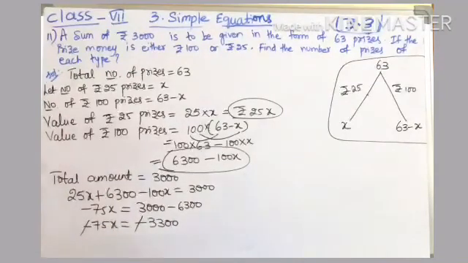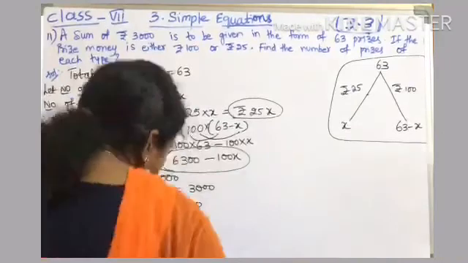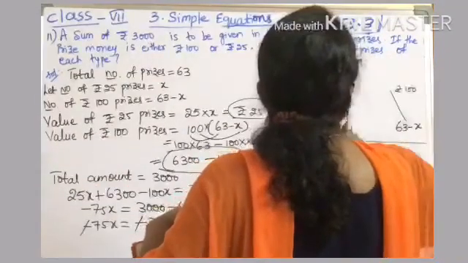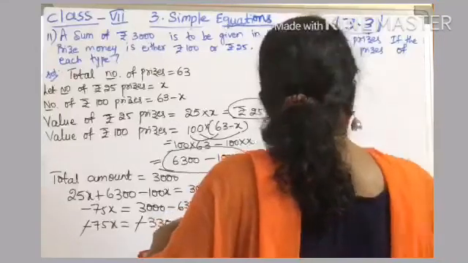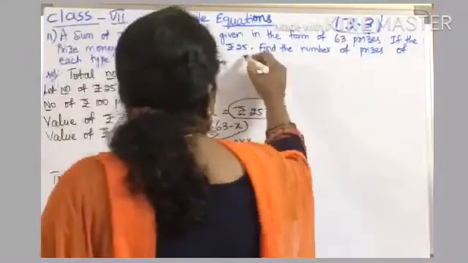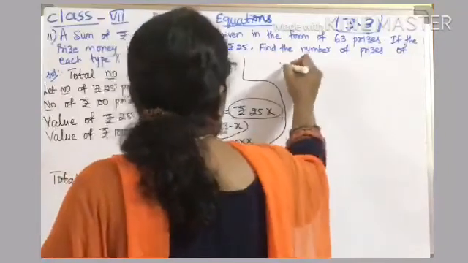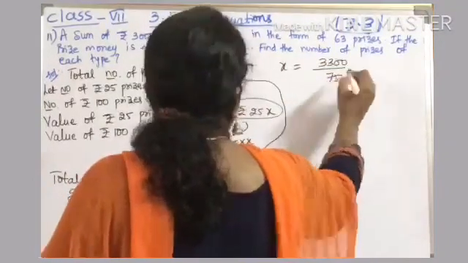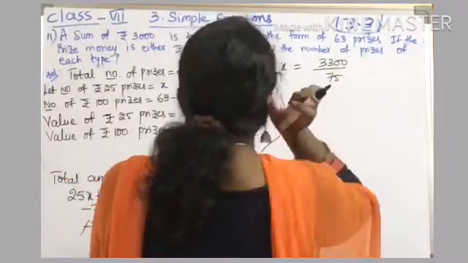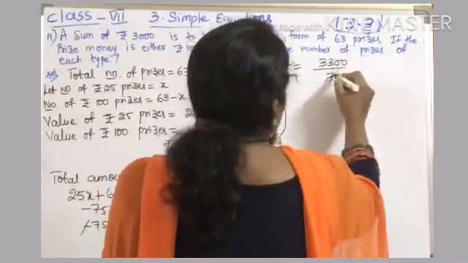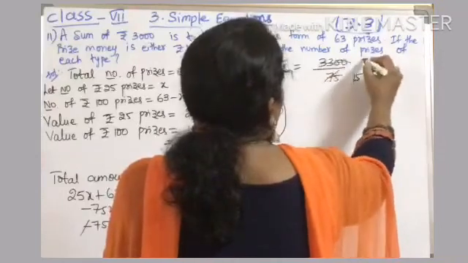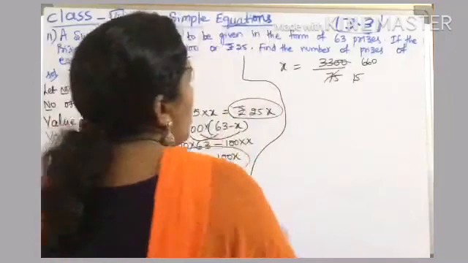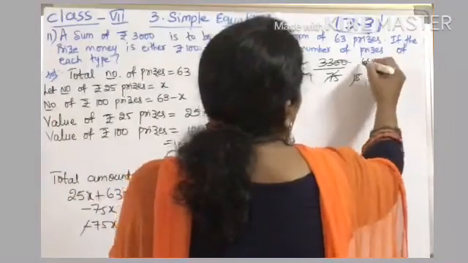Now what is the X value here? I will show you. X is not 75, it is 75 into X. So X is nothing but 3300 by 75. So when you do cancellation with 5, 5 ones are 5, 5 fives are 25, 5 sixes are 30, 3 sixes are 30, zeros. Okay. Now 15 fours are 60.